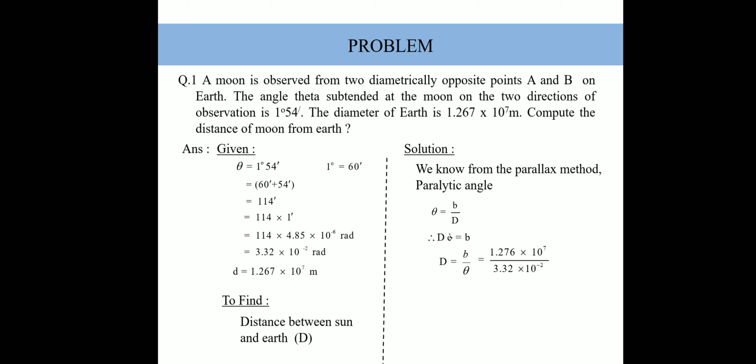Second step, put in the values, or substitution. Third step, get the answer. So this is how we use the parallactic method to find the distance between the moon and the earth. The distance between the moon and the earth is 3.84 into 10 to the power 8 meters.